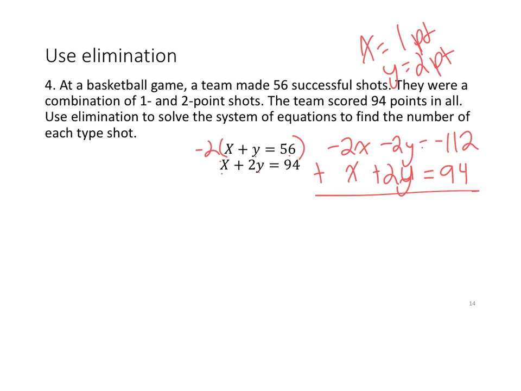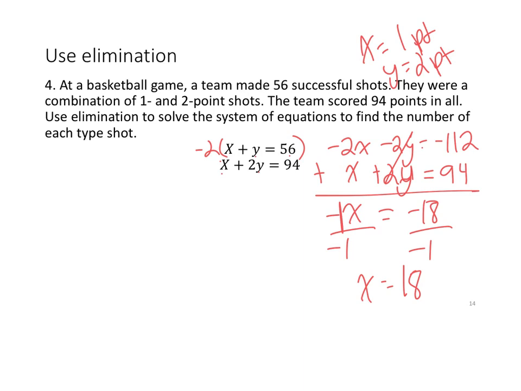Negative 2x plus x gives me negative x. Negative 2y plus 2y gives me 0, eliminates it out. Negative 112 plus 94 gives me negative 18. Divided by negative 1, because there was an imaginary negative 1 in front of here. So x equals 18. So they made 18 1-point shots.